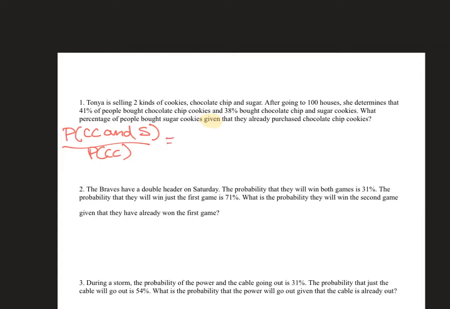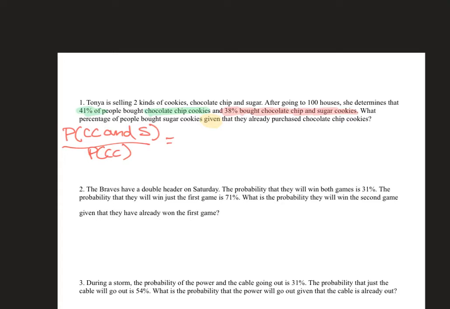We need to highlight some important things in our problem. After going to 100 houses, she determines that 41% of people bought chocolate chip cookies, and 38% bought chocolate chip and sugar cookies. My AND, remember, goes on the top.